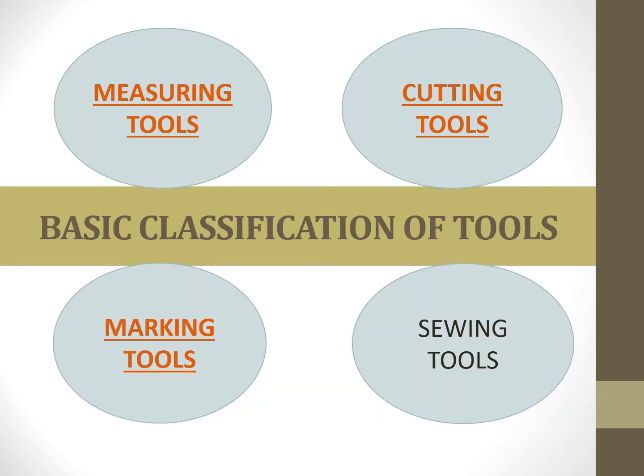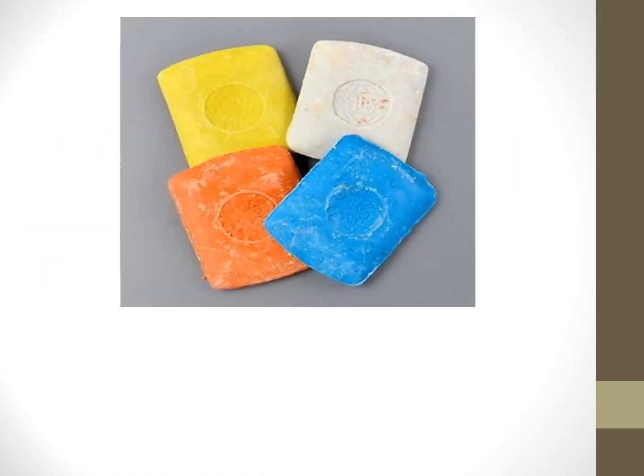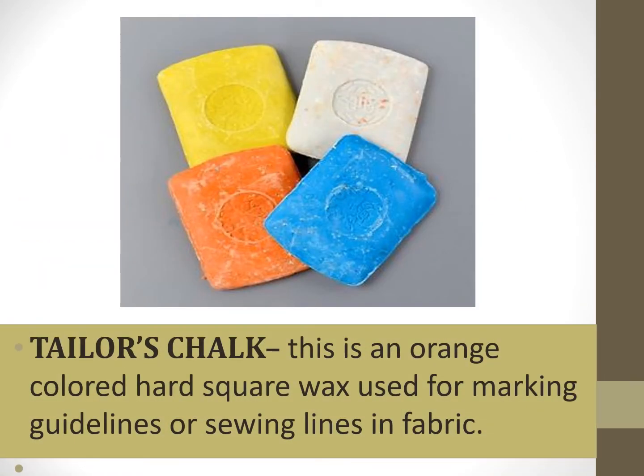Next, we are going to discuss all about marking tools. Marking tools transfer all the little notations that appear on the pattern, the ones that tell where to cut, fold, sew, or place adjoining pieces. Tailor's chalk. This is an orange-colored hard square wax used for marking guidelines or sewing lines on fabric.